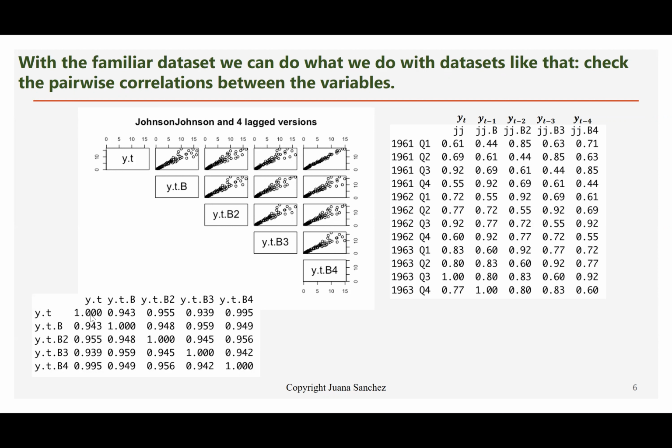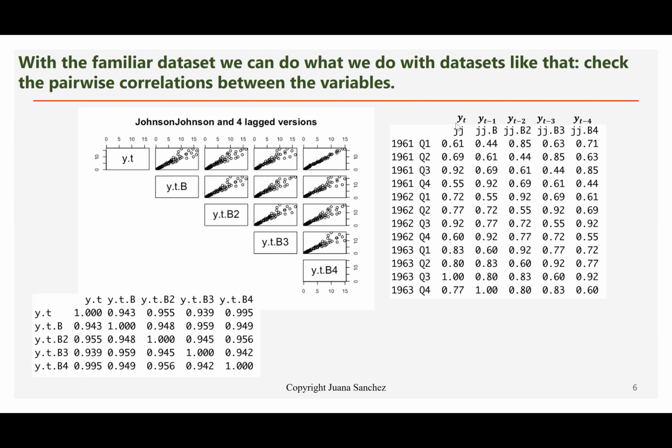This correlation matrix has the correlation of y t with itself as 1, and obviously that's the case. The correlation of the Johnson-Johnson time series and itself lagged 1 period, 1 quarter, is 0.943. The correlation between Johnson-Johnson and itself lagged 2 quarters, so y t and y t minus 2, is 0.955.